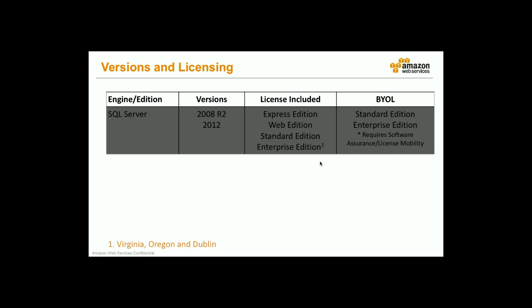I know people in Sydney have asked for this, and I would ask those of you in Sydney, Singapore, and Tokyo, and when we announce our new region in India, you can raise those questions with your local SA. However, bringing your own license, you can of course bring your Standard Edition and Enterprise Edition licenses, but once again you do need to meet software assurance and license mobility, with the caveat that you don't need to do that for dedicated hosts. You can just co-load your license.